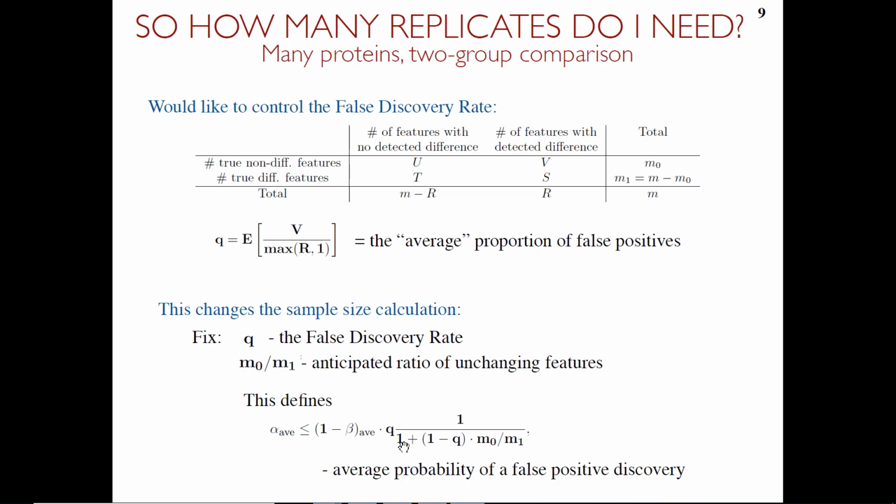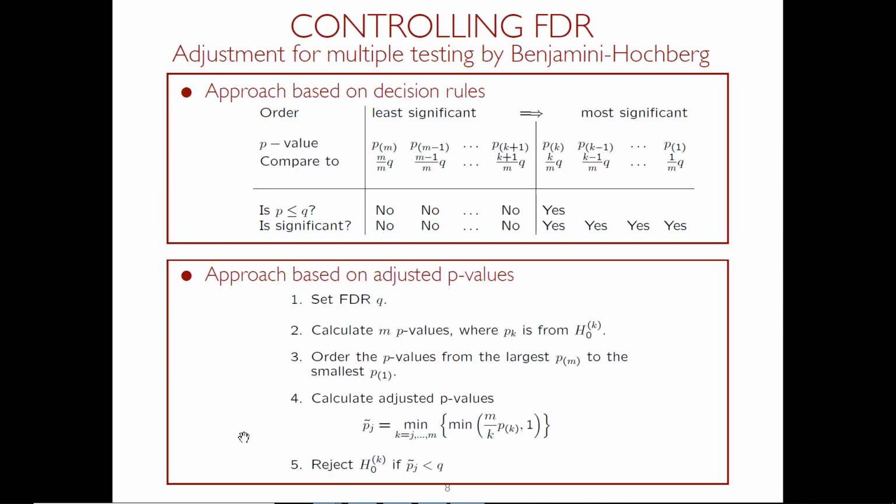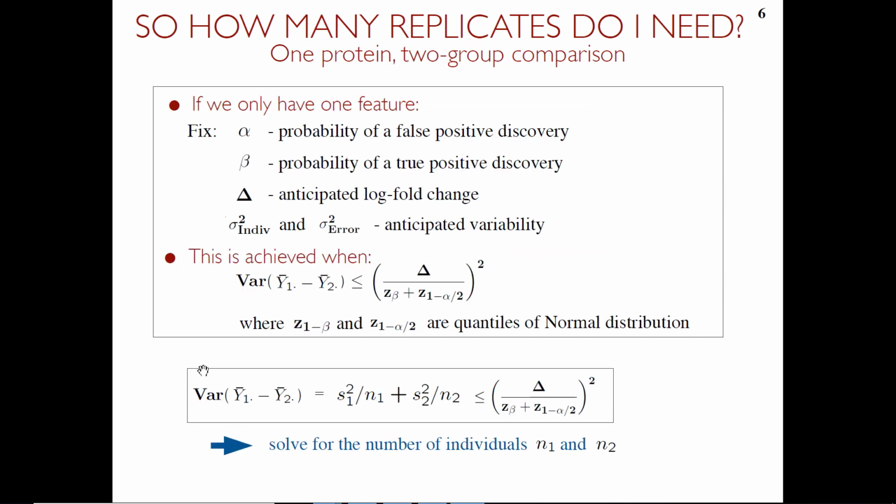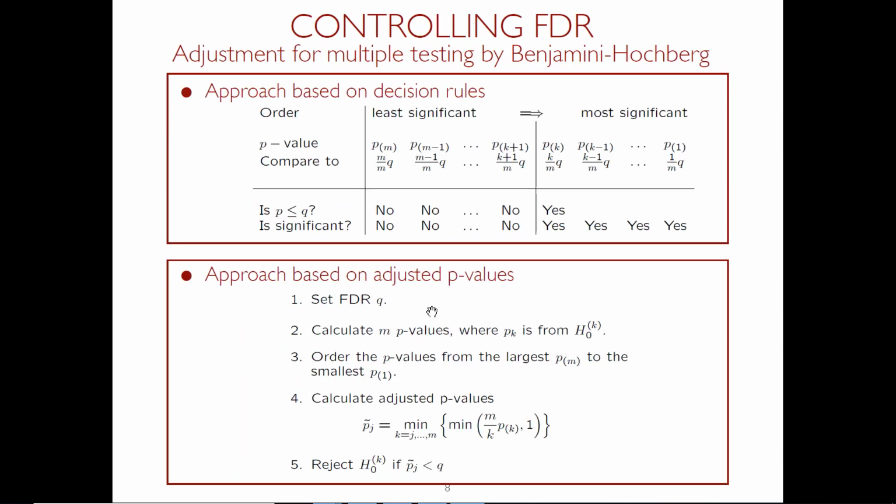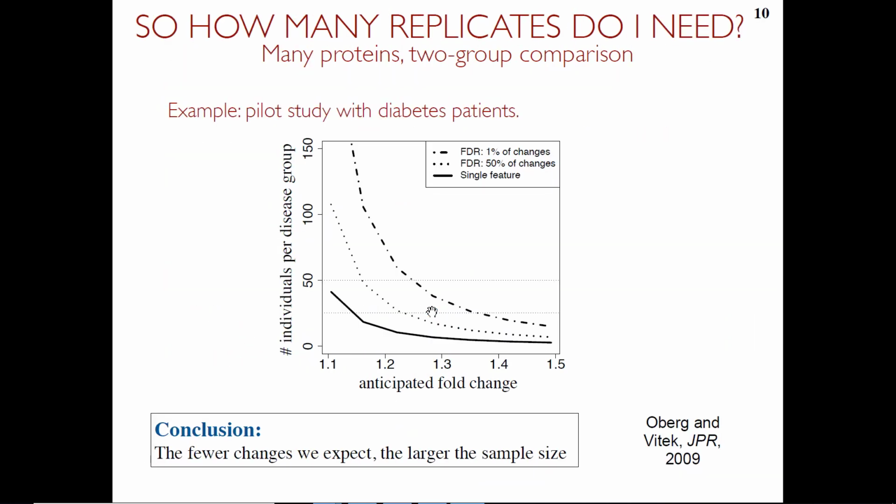This means that if we want a sample size calculation in the context of multiple testing, we can use this formula to calculate the average alpha for the individual protein and plug it back in. So there's a very easy connection between multiple testing and this type of sample size calculation.